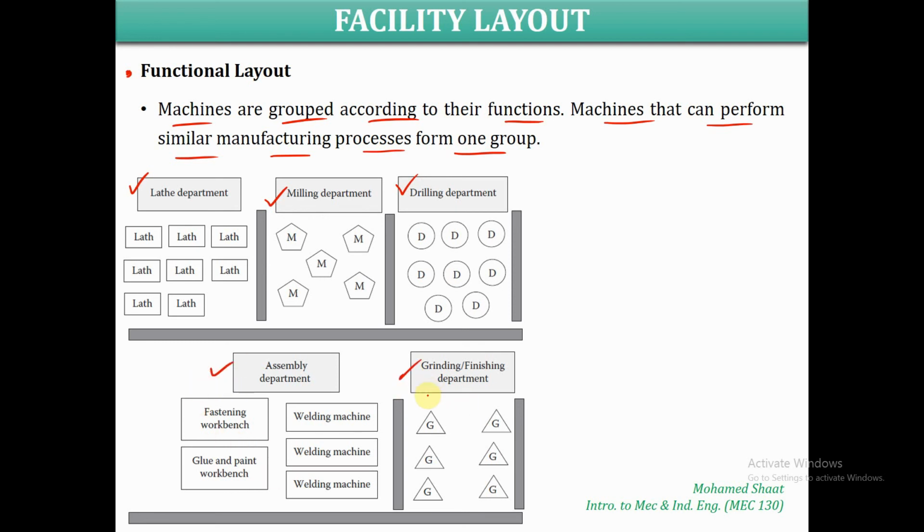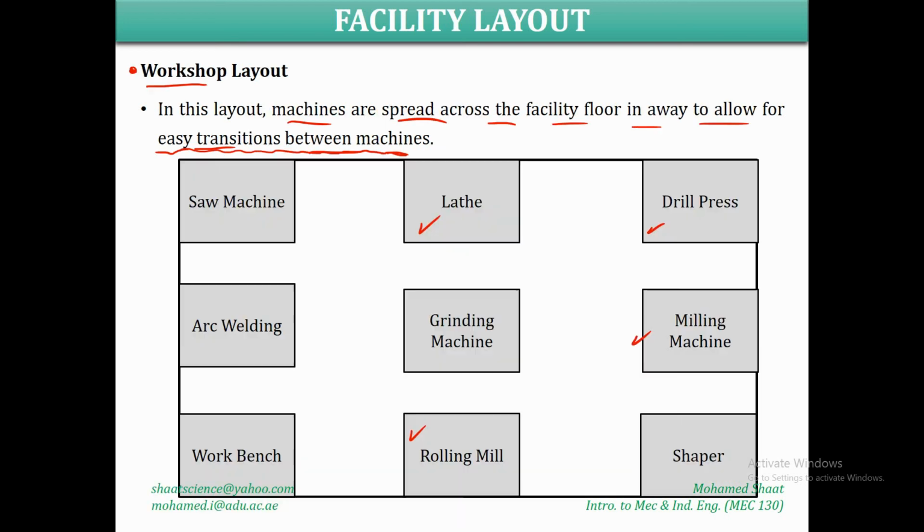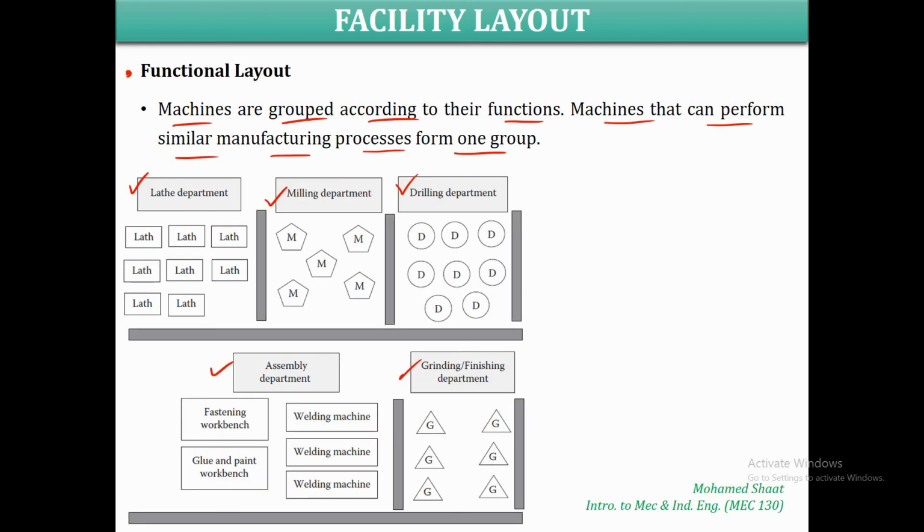So this is another arrangement of the machines. Remember that the facility layout is the arrangement of the machines that we are using within the organization. We could arrange based on the workshop layout or based on the functional layout. Functional layout is used when the workshop includes many machines of similar activities or types, like the drilling machines, so we can group them in one partition, even in one department.